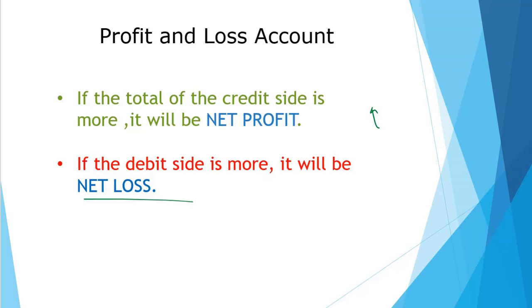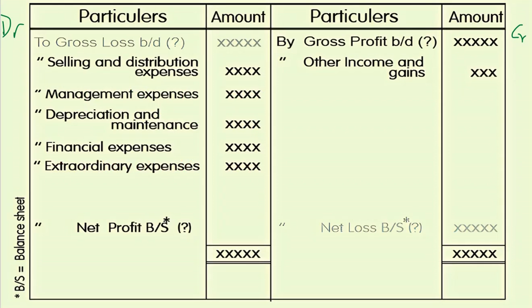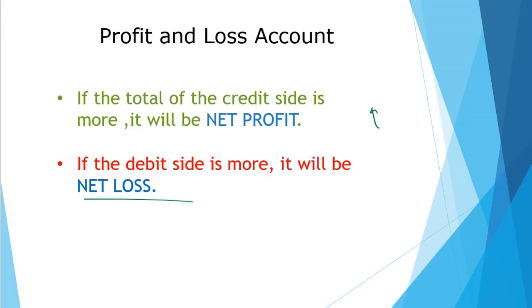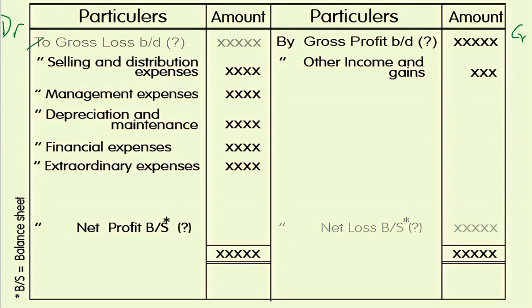If the total of the debit side is more, it will be net loss. This is how to write the pro forma. If the debit side is more, we will write it as gross loss. If the credit side is more, we will calculate it as gross profit.